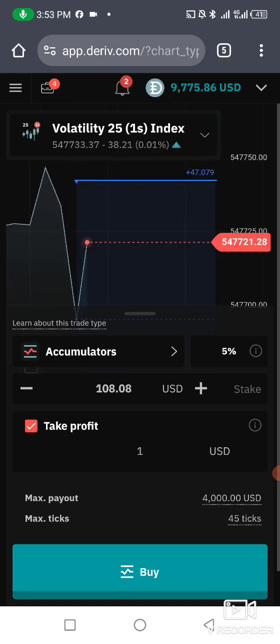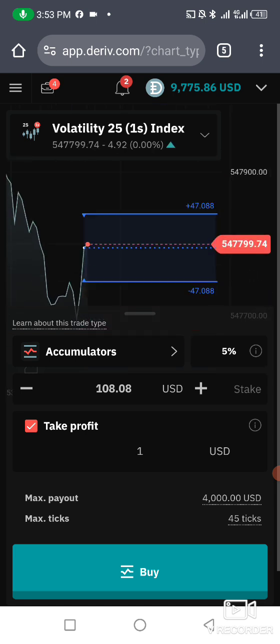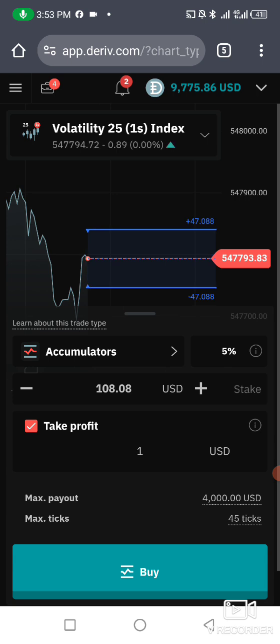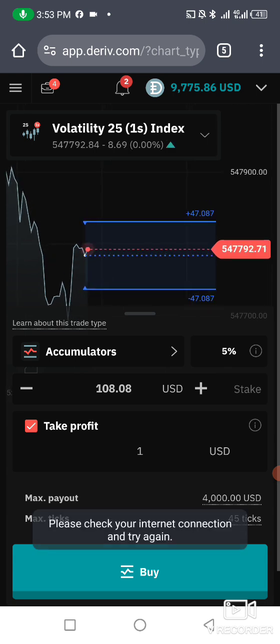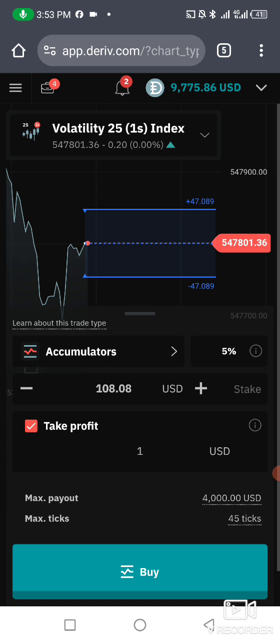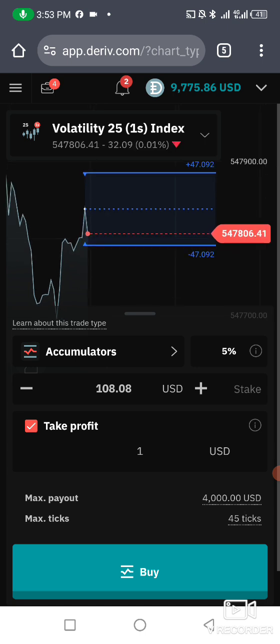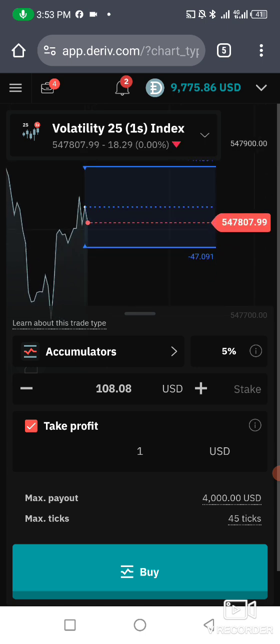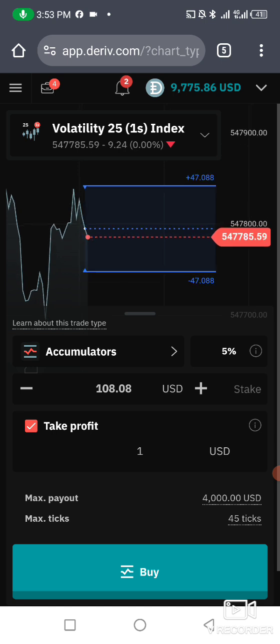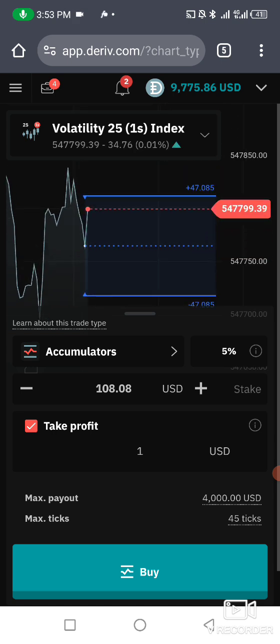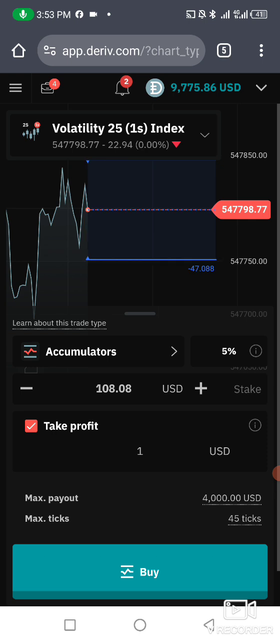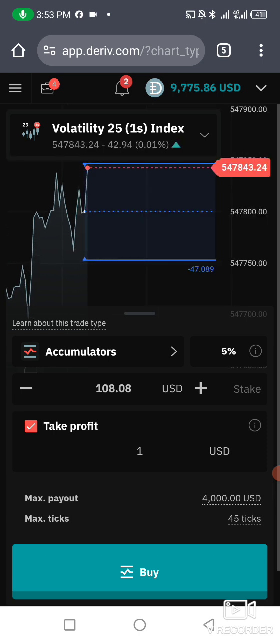You can see, if I minimize the screen, there is a rectangle with upper and lower limit. The upper boundary shows the price difference between the spot price and the exit price.